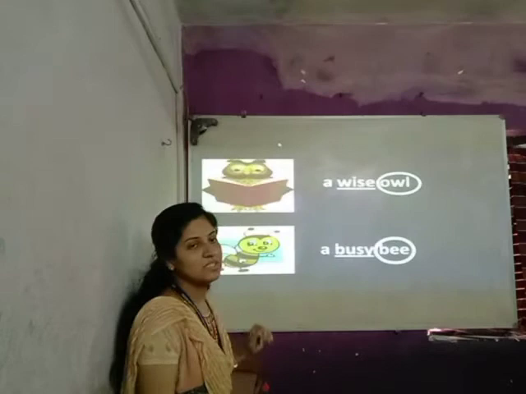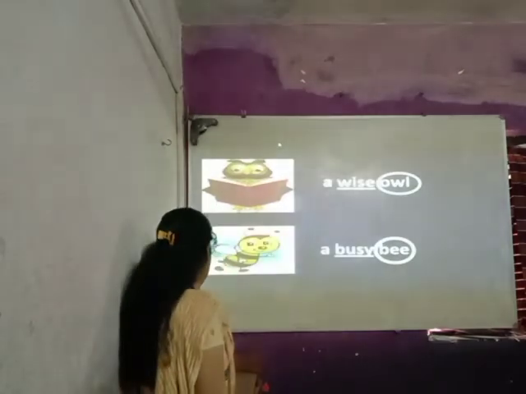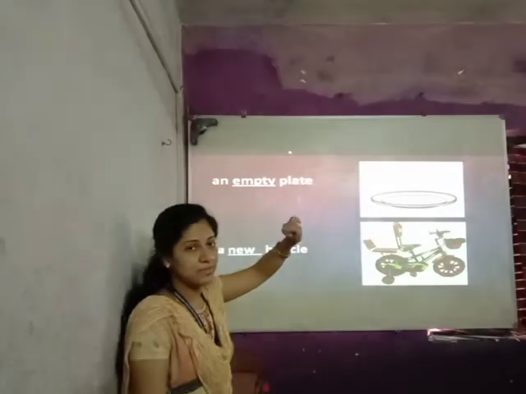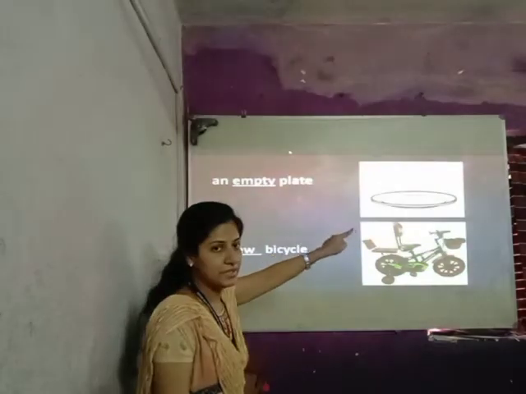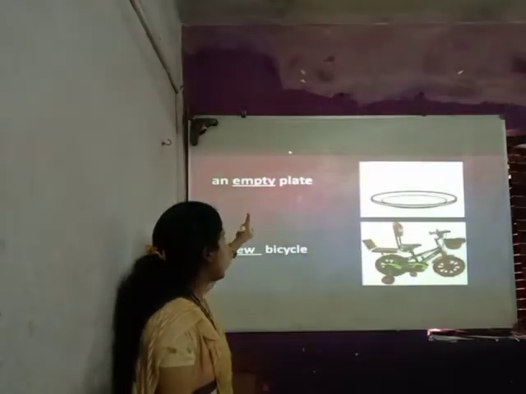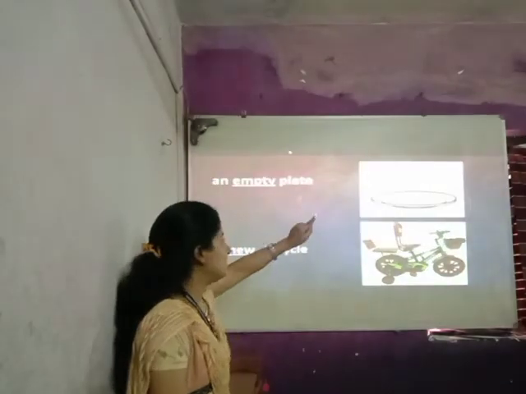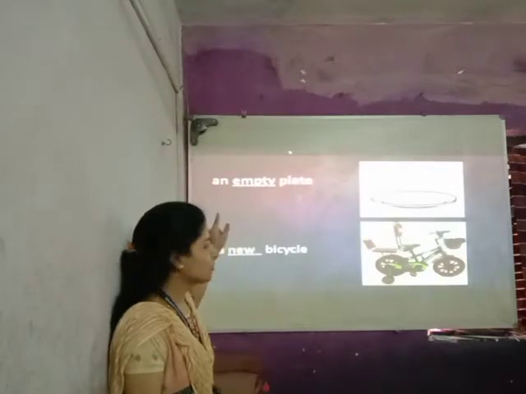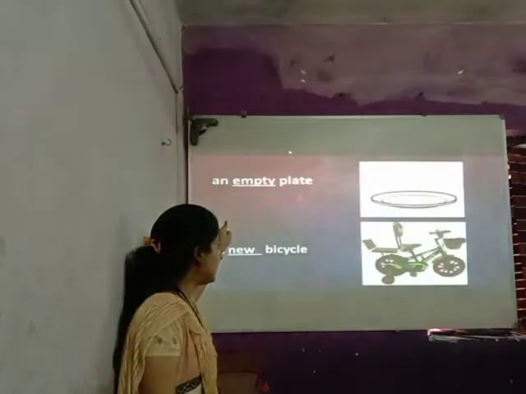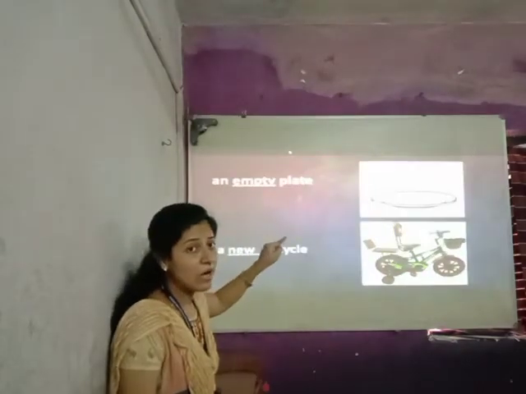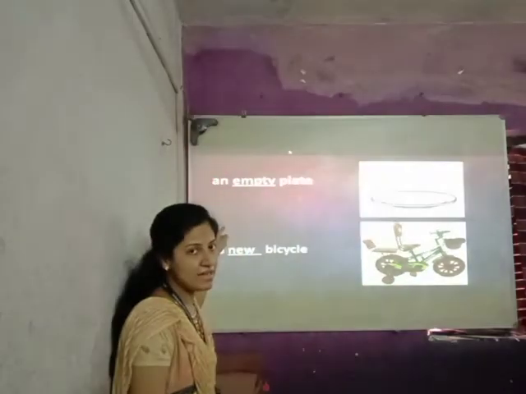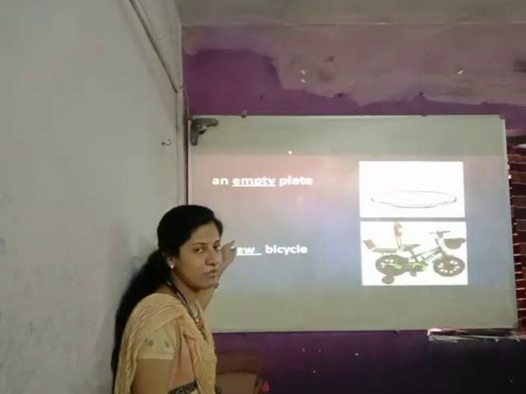Now, see the next examples. What are you seeing in that picture? It's an empty plate. So, an empty plate. Plate is there, but how is it? Empty. So the word empty describes the plate. So we had underlined empty because it's a describing word.